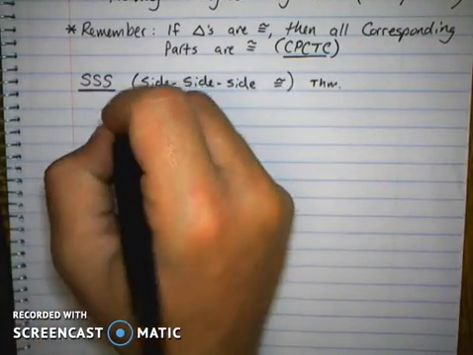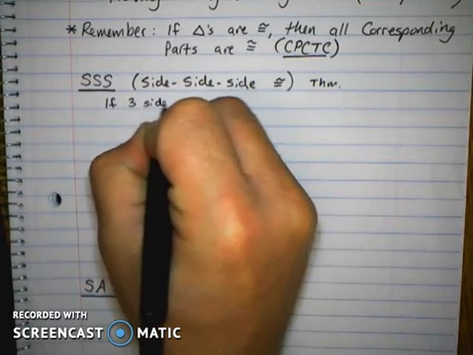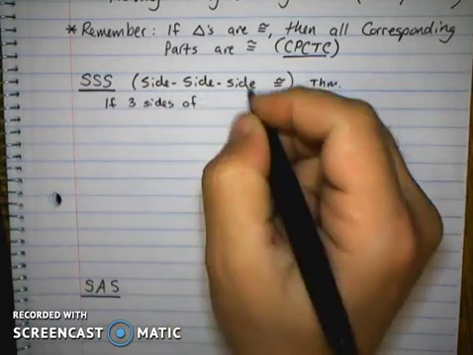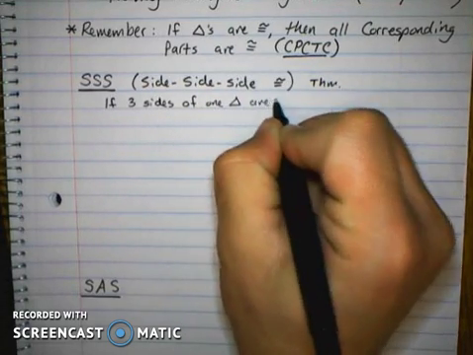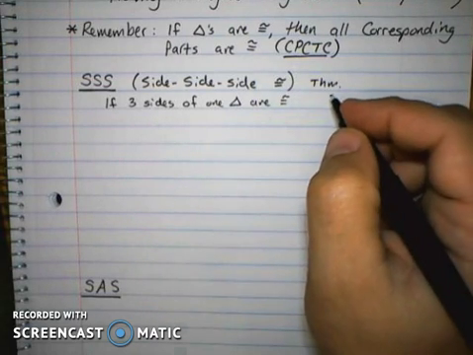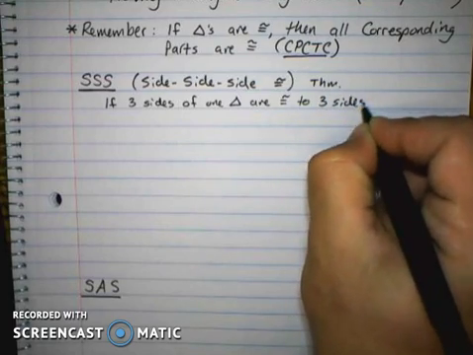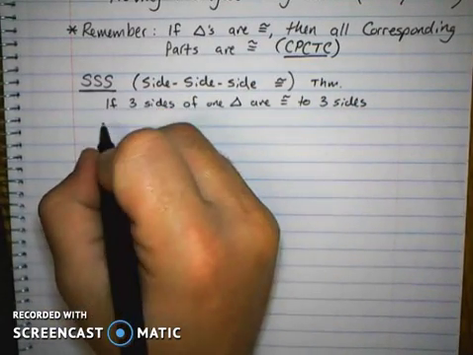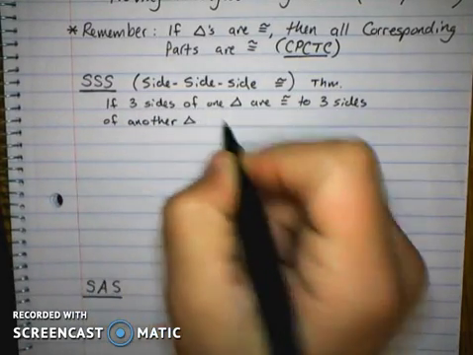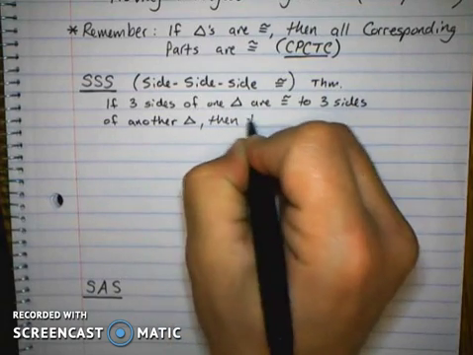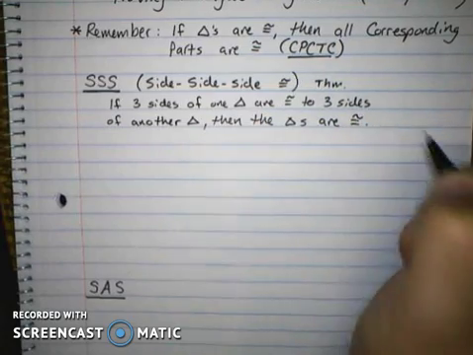Here's what this states. If 3 sides of one triangle are congruent to 3 sides of another triangle, then the triangles are congruent.